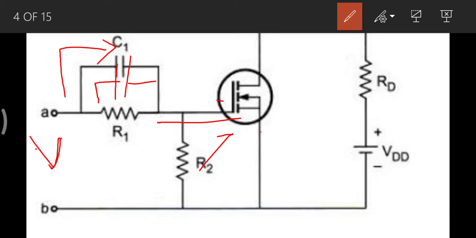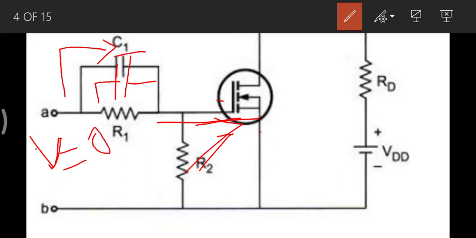Now the current flowing through the MOSFET is reduced. Why? Because the current is charging the capacitor C1. After that, how can we turn off this MOSFET? It means this VAB voltage becomes 0.